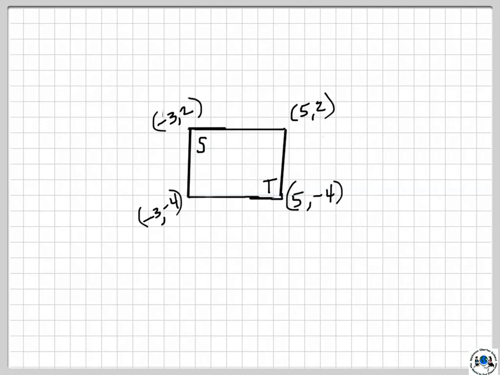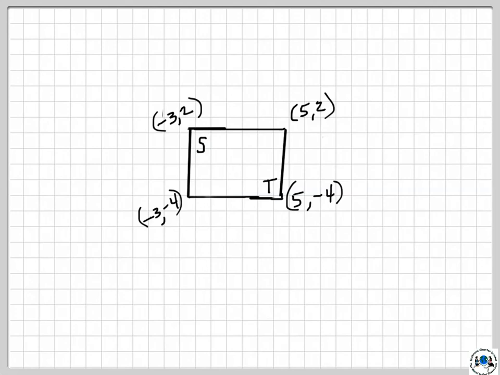Our next task is to find the area of the rectangle that we've just created. So I've gone ahead and put it on a different sheet of paper. Maybe you can do the same on a piece of graph paper if it's a little bit too messy for you now.